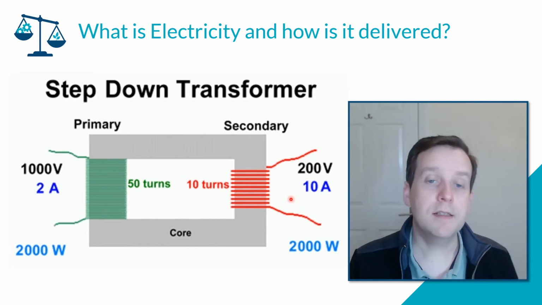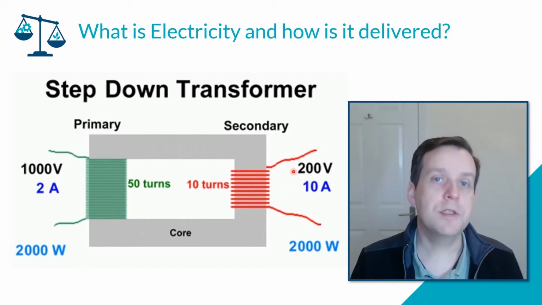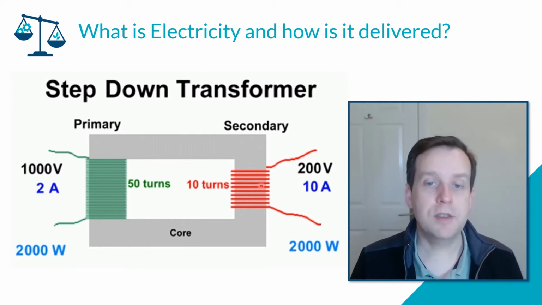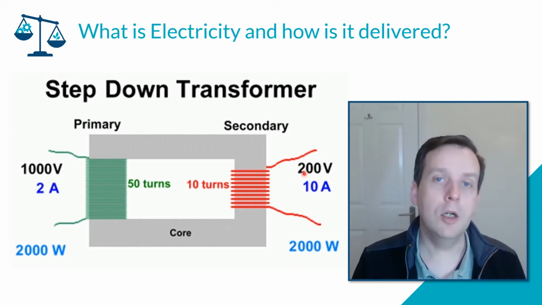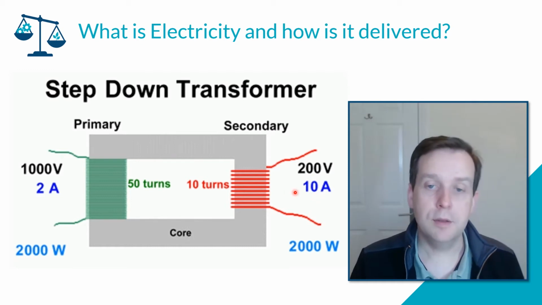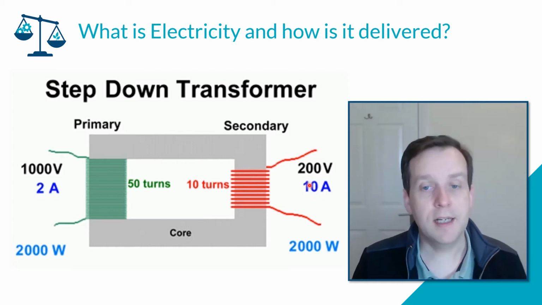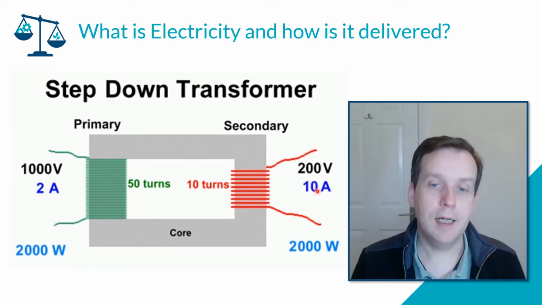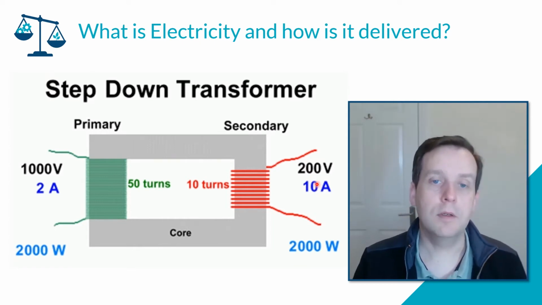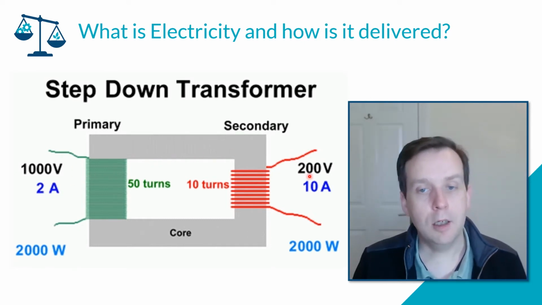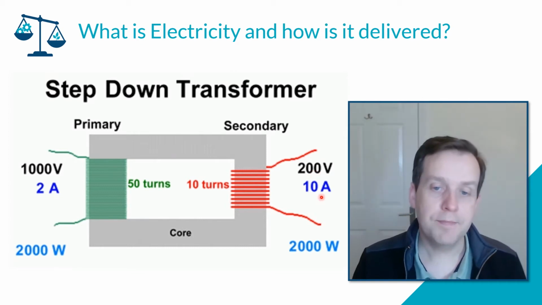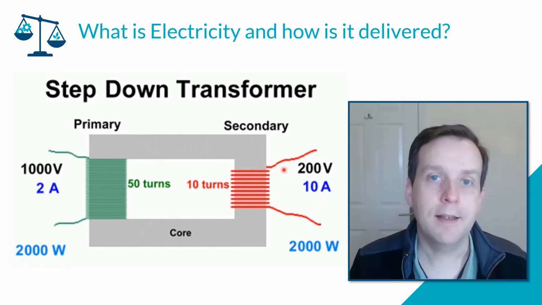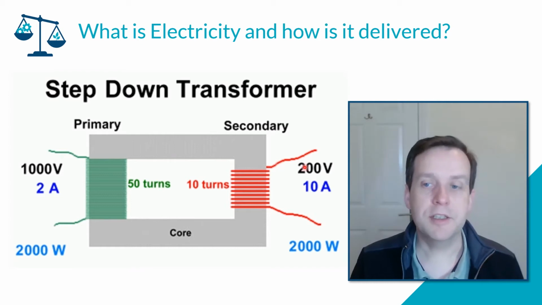We do this because it is more efficient to transmit electricity at higher voltages, and we use electricity at lower voltages because firstly it's safer, but also it's more practical to use for machinery. At higher voltages we have less current, but at lower voltages we have more current. Again, we'll detail that a bit more later in the presentation.